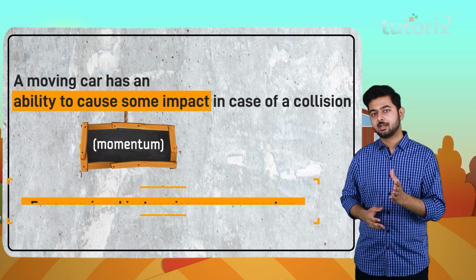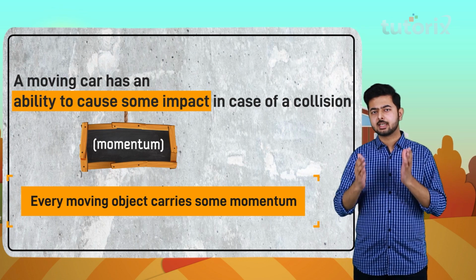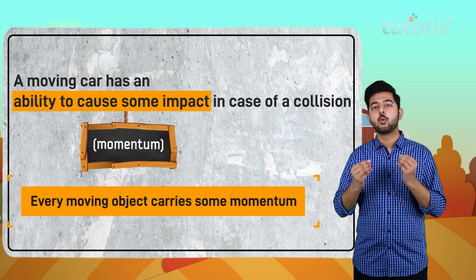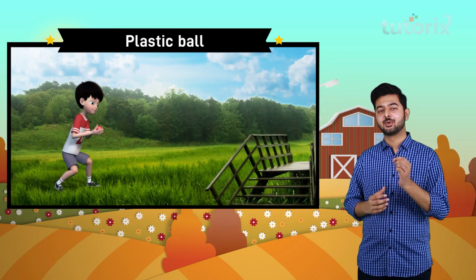So it is possible that the moving object does not collide with any other object, but it still carries some momentum with it, which can be felt only if it collides. We all understand the idea of momentum in our day-to-day life. We just don't use the term for it. So let me explain it to you with the help of an example. Suppose that you have to catch a plastic ball which is coming towards you.